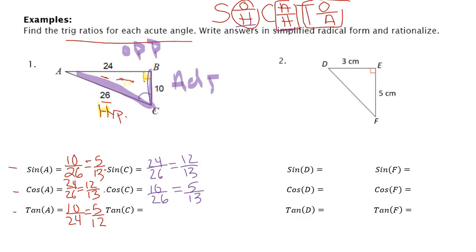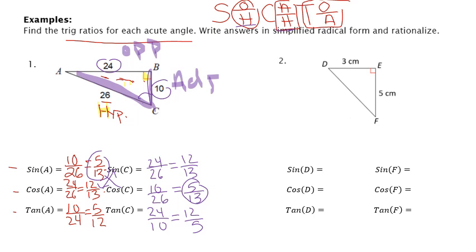And then tangent is 24 over 10, or 12 over 5. It's not a coincidence that the ratios kind of appear twice, because you're working with the same triangle, right? So that's why that happened.